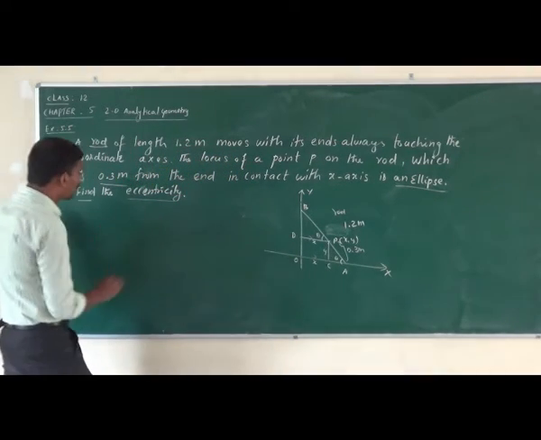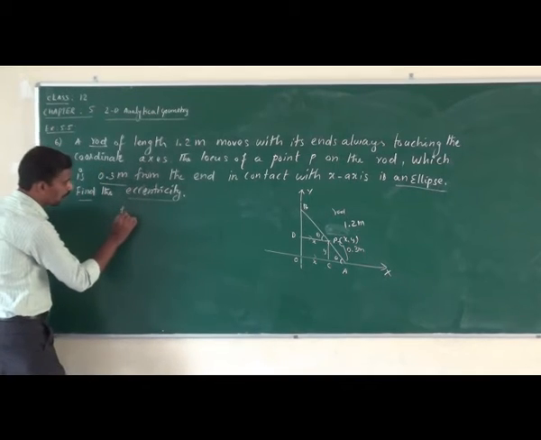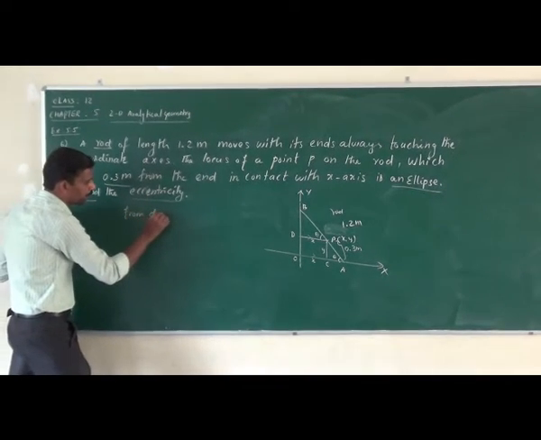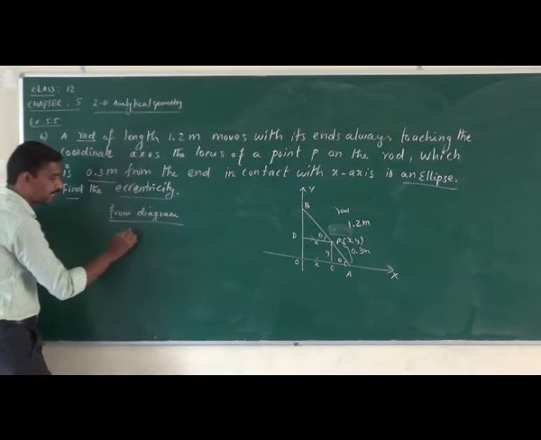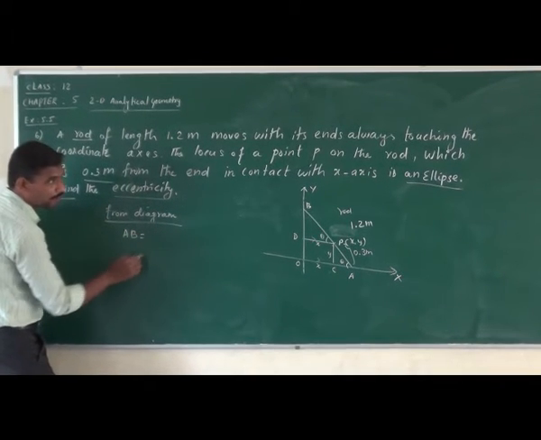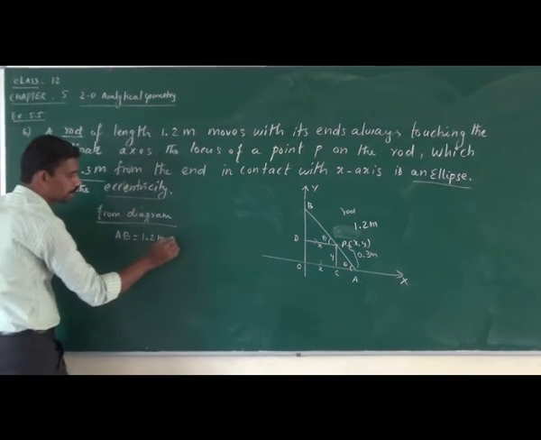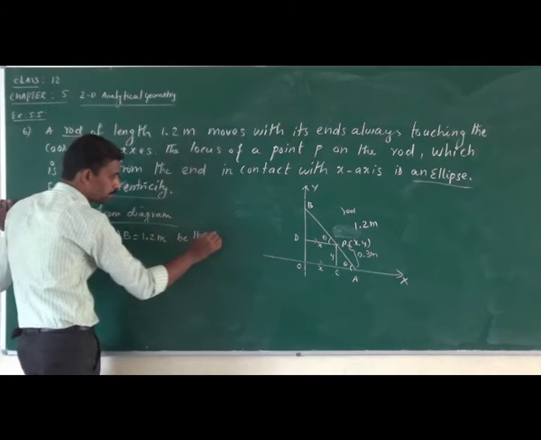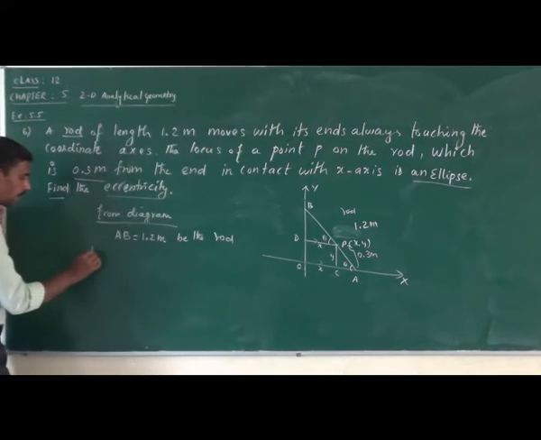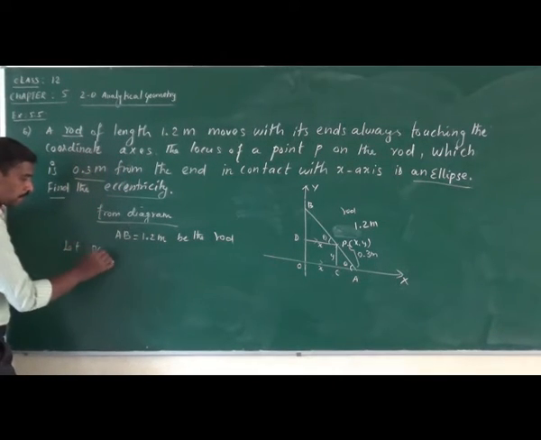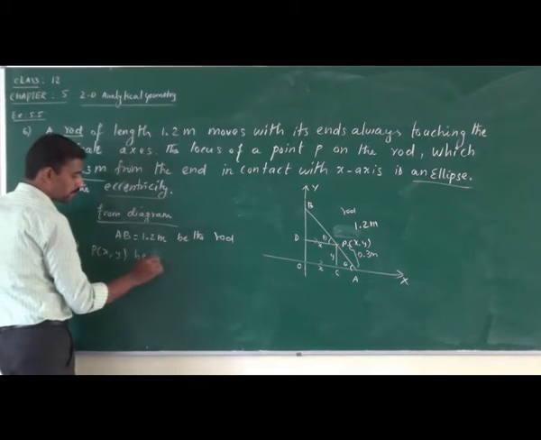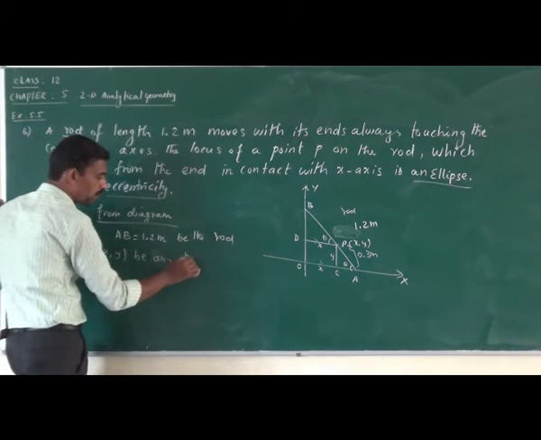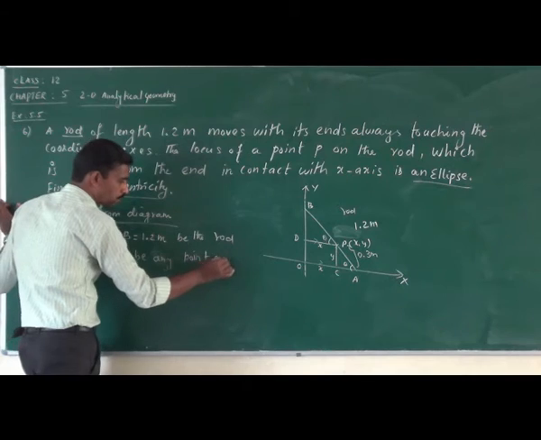Now from the diagram, AB is 1.2 meter, the rod. P of x comma y be any point on the rod.